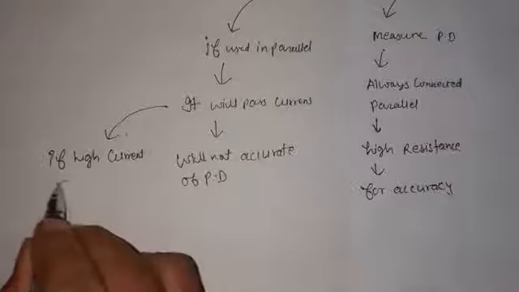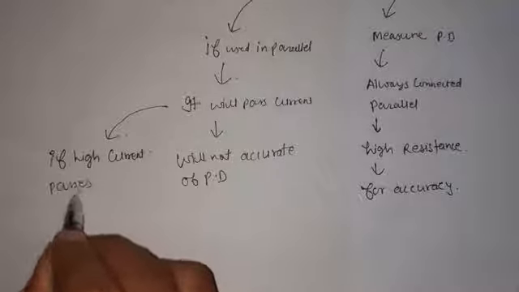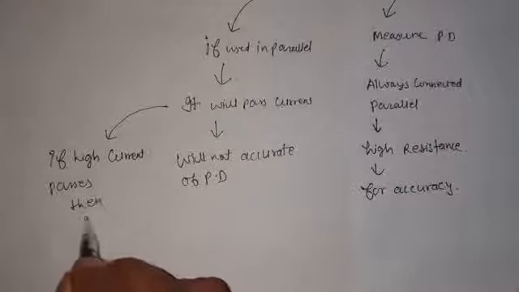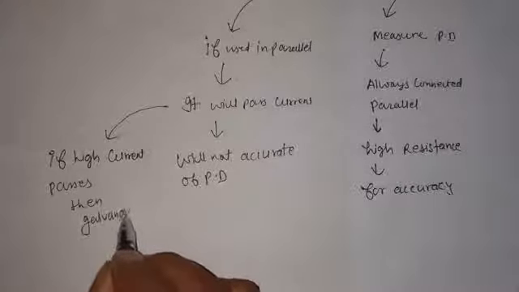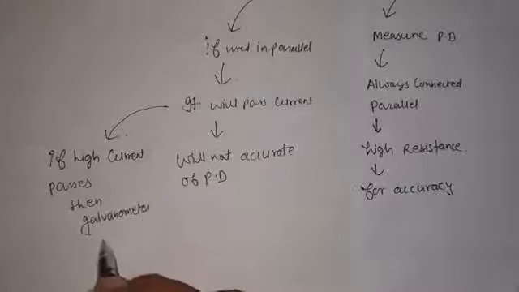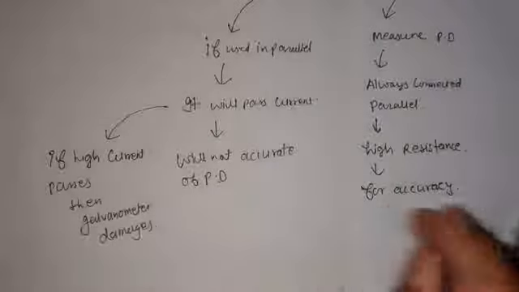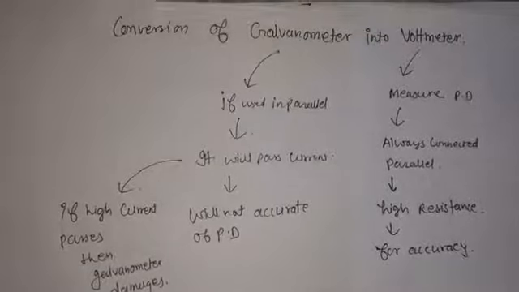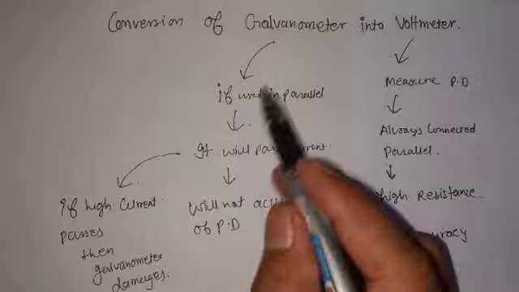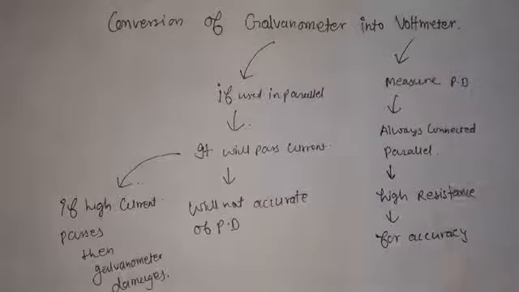If a high current passes, the galvanometer damages. So how can we convert this galvanometer into a voltmeter?